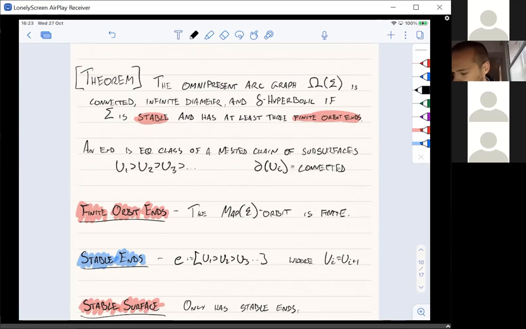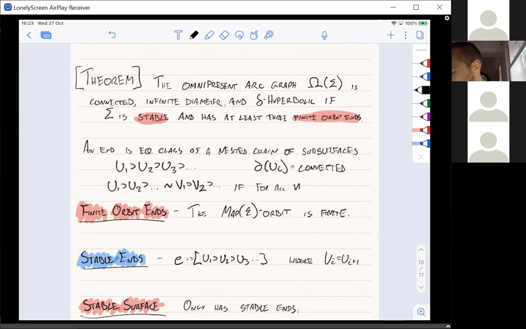Okay, and two of these chains are equivalent. So U1, U2, and so on is equivalent to this chain of V's if eventually these chains start containing each other, that's the point here.